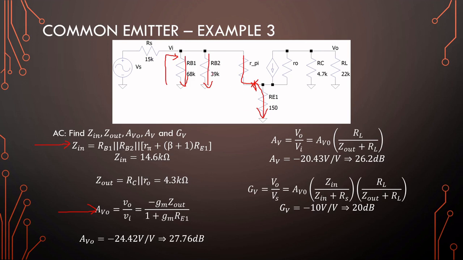Okay, you can prove this by doing a lot of math or just accept that if you go past this point it will appear larger. Okay, so we have RB1 parallel with RB2 parallel, and then I urge you to use block brackets here, and you have r pi plus beta plus 1 times RE. Okay, so first do the series combination and then do the parallel combination.